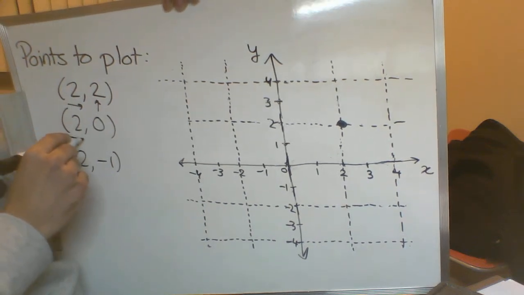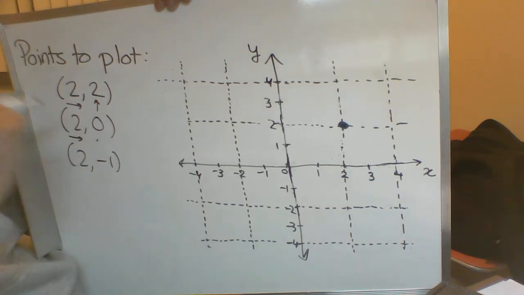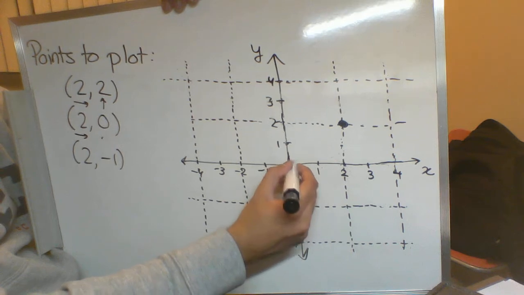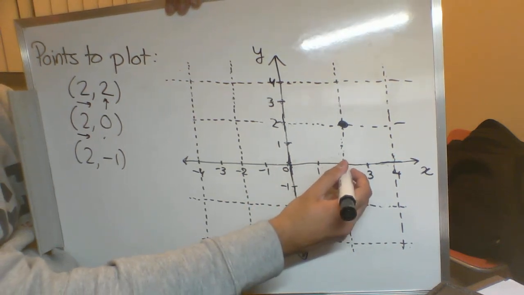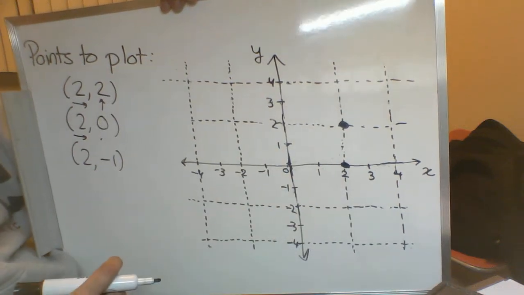Our second one, 2 in the x direction, again, but 0 in the y direction, so we don't need to move up or down. So we start from 0, we go 2 in the positive x direction, so we go over to here, but then we don't need to move up or down, so we just plot our point right there, right on the axis.